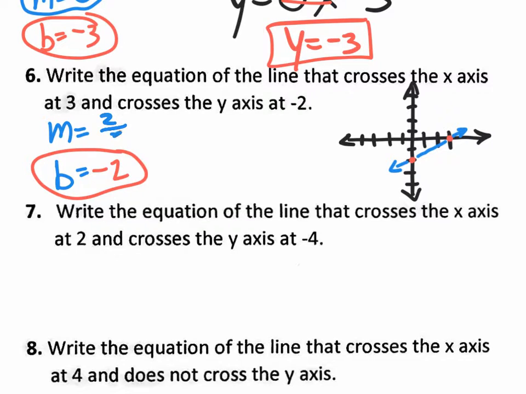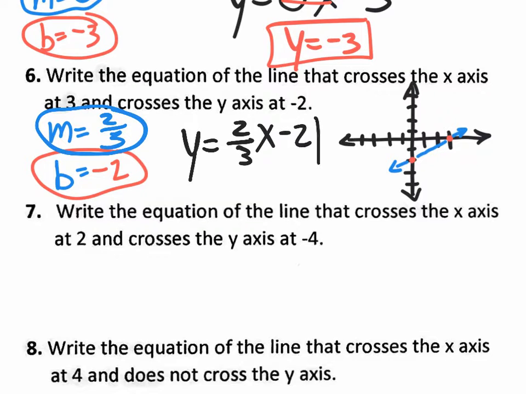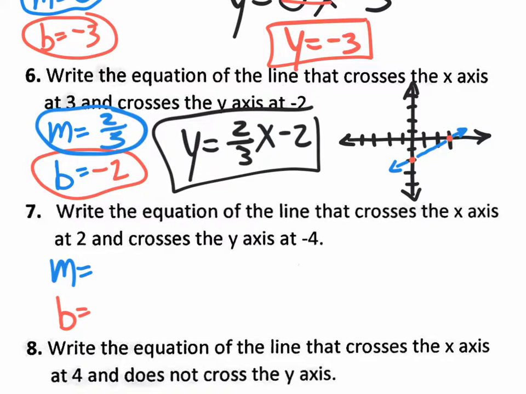So the slope is 2/3. So now that we know the slope and now that we know the y-intercept, we could write the equation y equals 2/3 x minus 2. You with me? Yeah. Okay. So again, you always want the m and you always want the b. If you have those two things, it's really easy to write the equation.